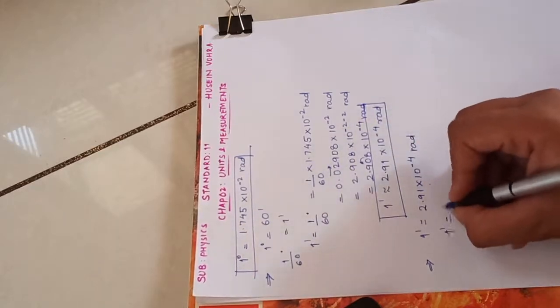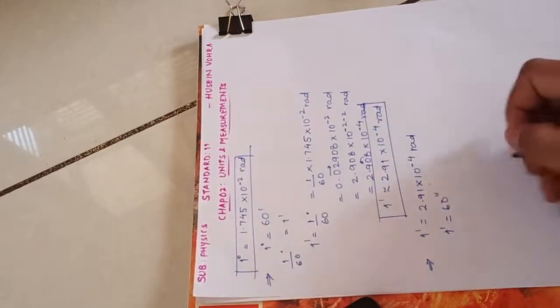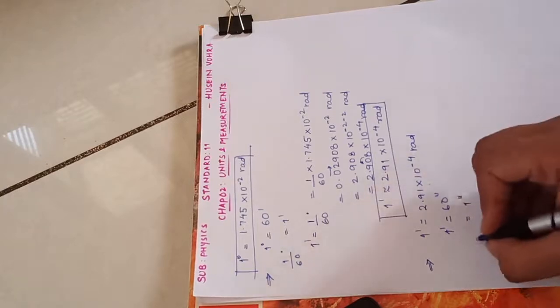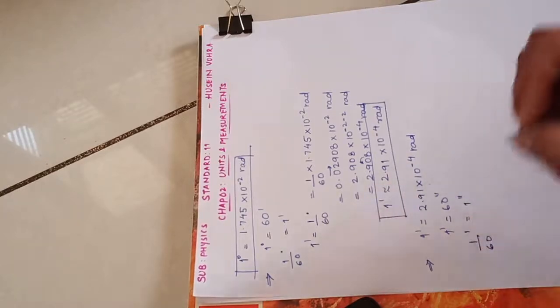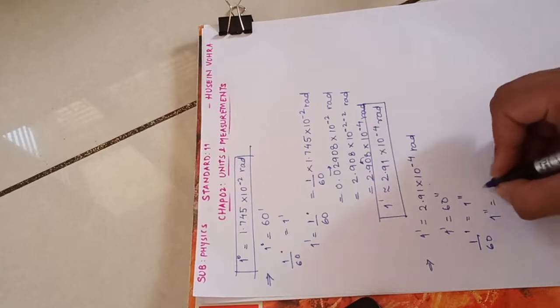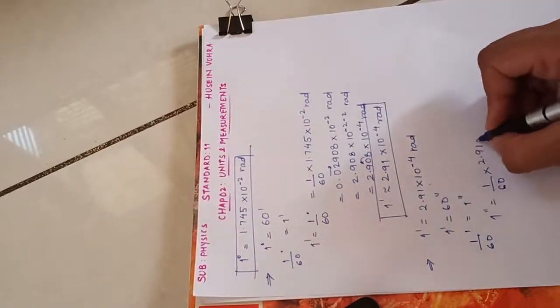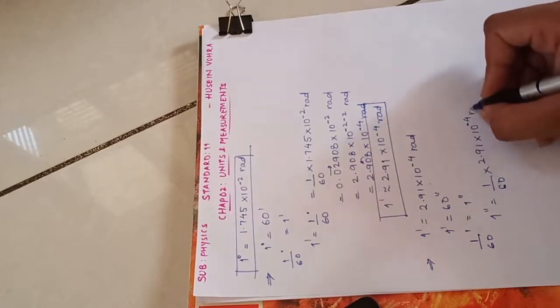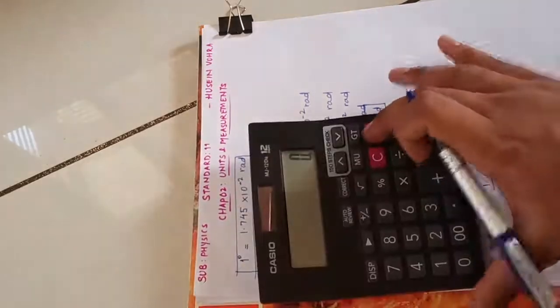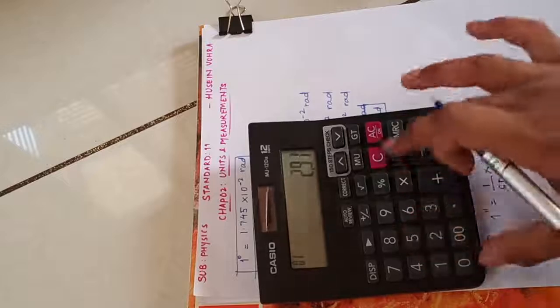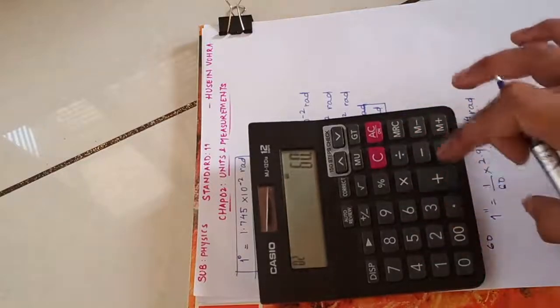Also 1 minute, how many seconds? 60 seconds. If I want to determine 1 second, it is 1 divided by 60 minute. So 1 second is equal to 1 divided by 60 minute. Minute to radian is how much? 2.91 into 10 power minus 4 radian. So let's check. 2.91 divided by 60.